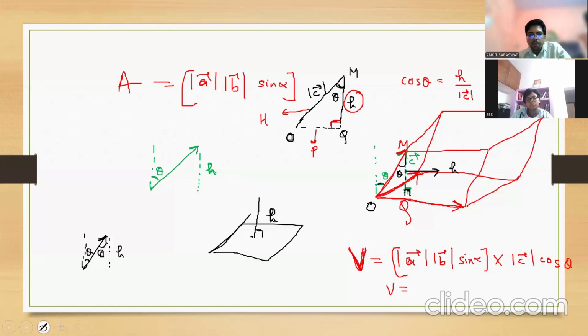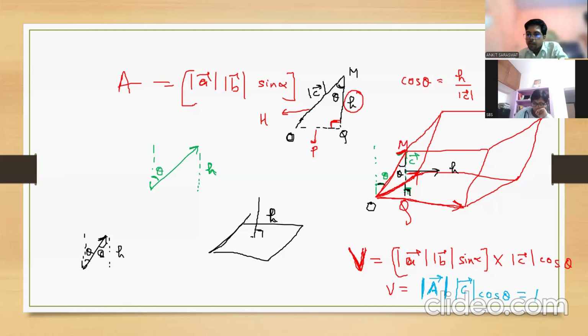The reason is that if you look carefully, mod A, mod B, sine alpha is an area, a vectorial area, but it is the magnitude of the vectorial area. And mod C cos theta. Understood?